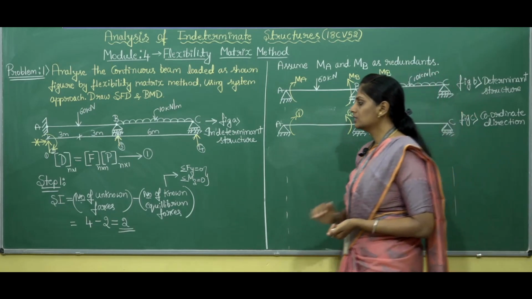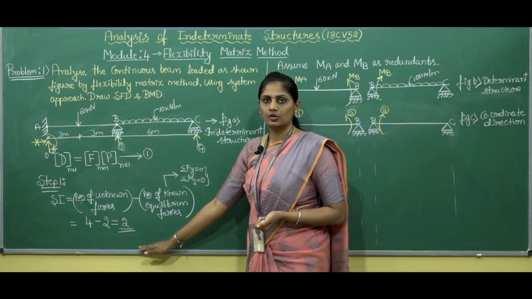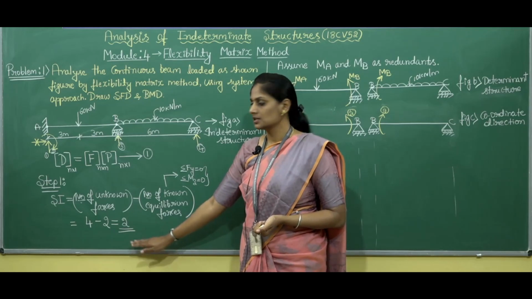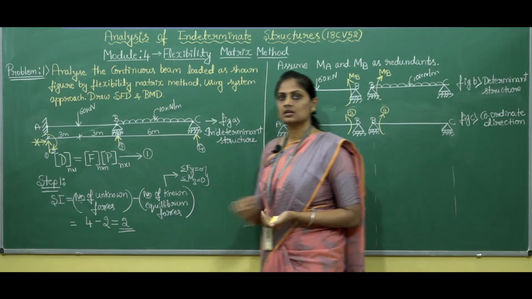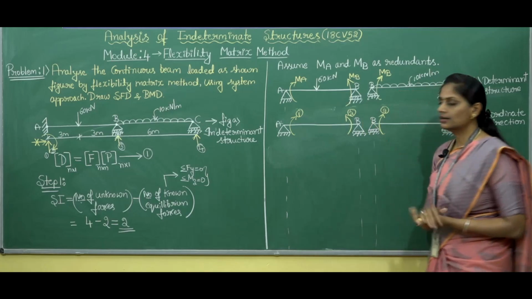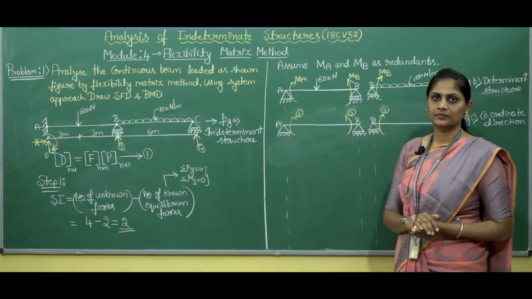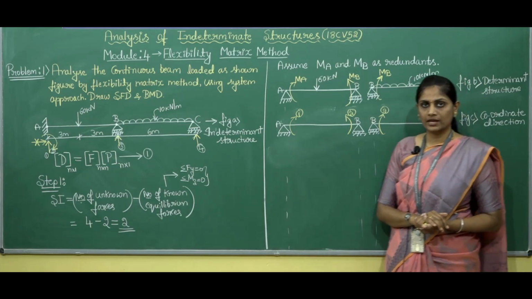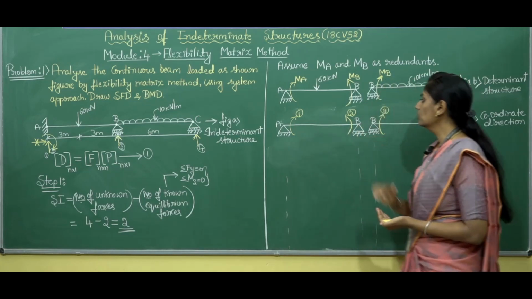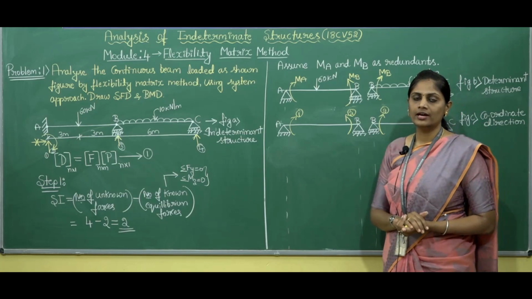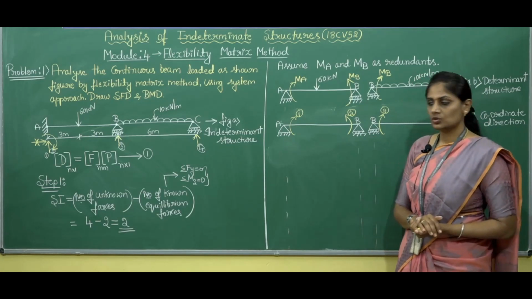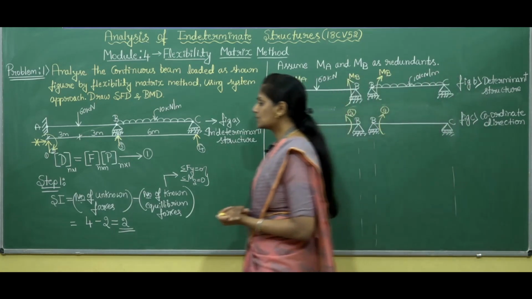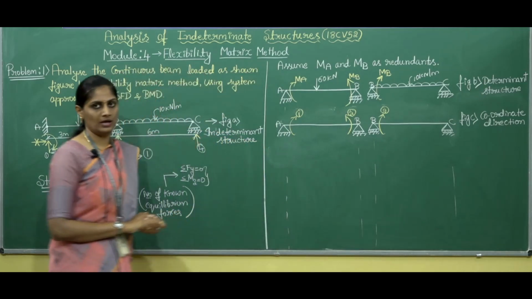Since we have two unknown forces, that is, static indeterminacy of two, we get two coordinate directions here. Coordinate number 1 will be along the direction of MA and coordinate number 2 will be along the direction of MB. So, this completes step number 1.